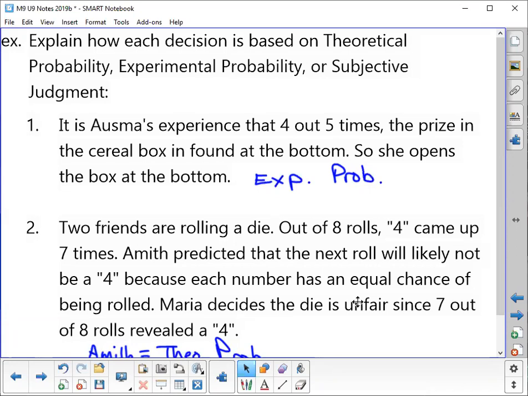If it's based on, wow, that's super unlikely, or that would probably be what would happen, that's theoretical. If it's not based on what has happened, but on what you think should happen. But subjective judgment is different. It's based on feeling, and it usually doesn't have anything to do with the stats itself necessarily.